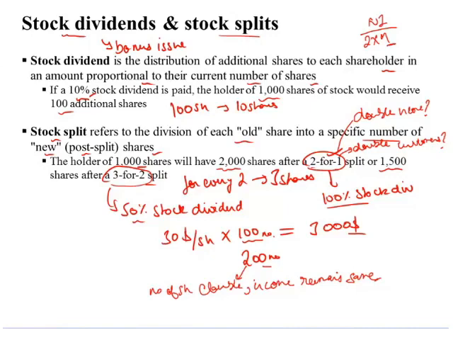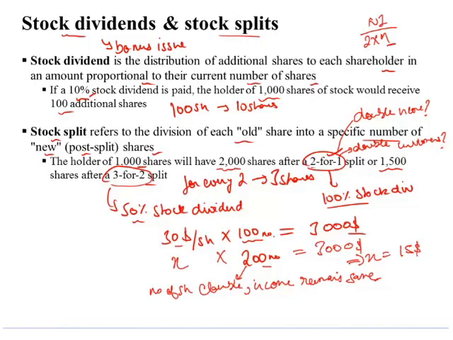We can also think of it as the total value of the company was earlier $3,000. This activity cannot create or destroy value because I've just increased the number of shares. I haven't increased my customer base or my revenues or my net income. So let's assume X was the new stock price. X into 200 should also be the same value. Or if the earlier stock price was $30 per share, the new stock price will be $15.